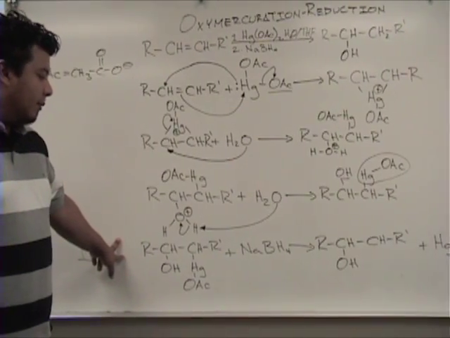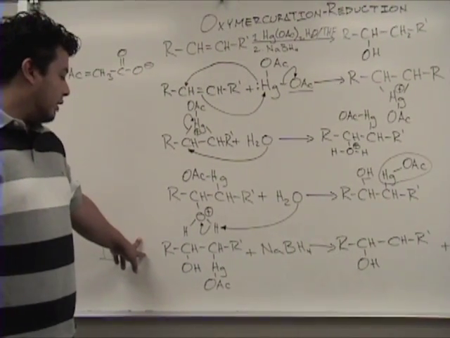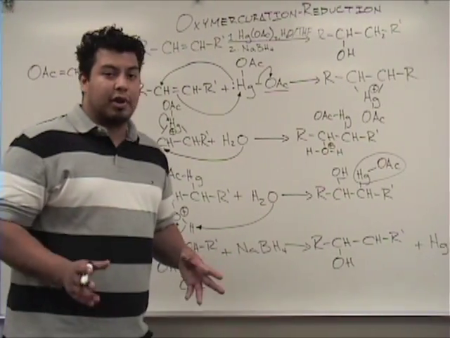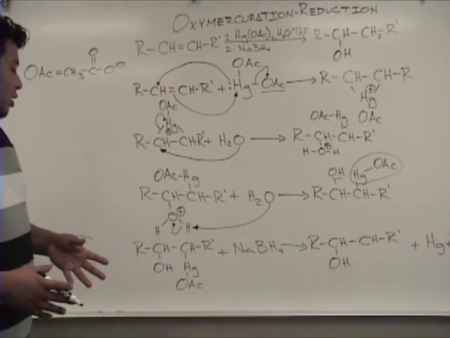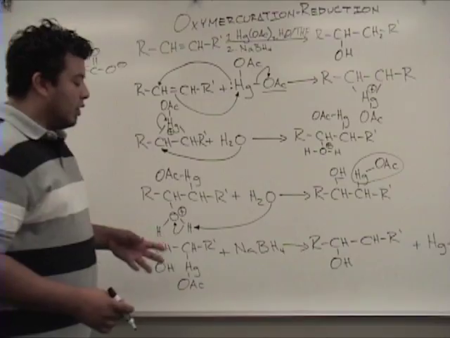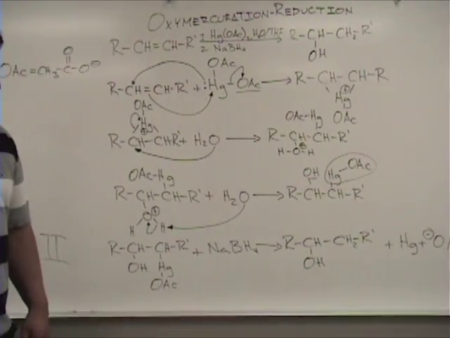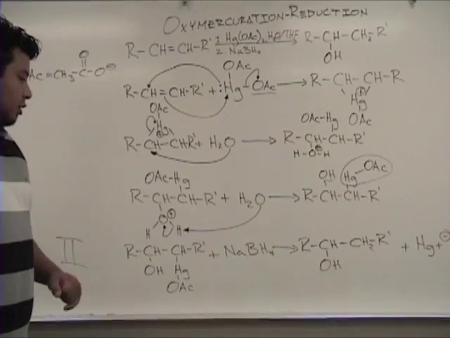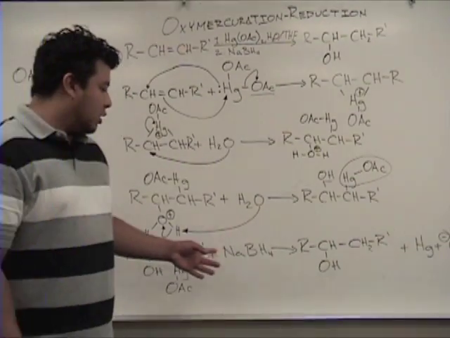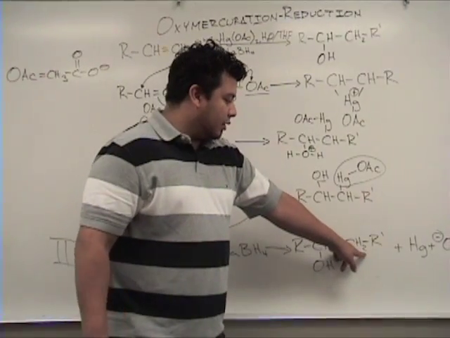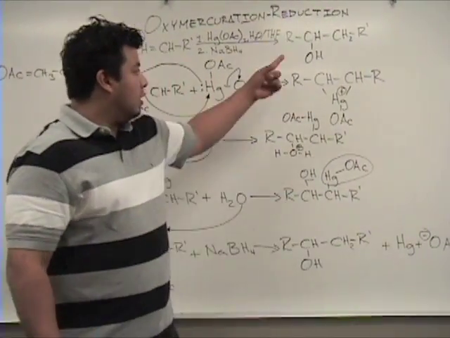And what you need to know is that this group is always going to be reduced. So it's going to add hydrogens to your final product. So we see it has the two hydrogens right here, and it looks just like that.